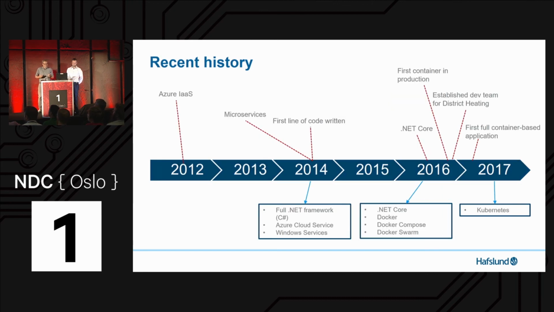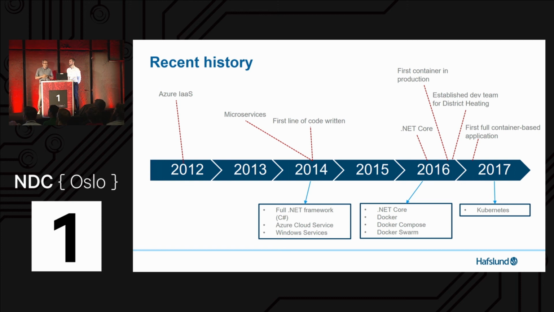And the recent history when it comes to what we're programming is like this. Before 2012, we just bought software. Not a single line of code was ever written in Hafslund. That continued after 2012, but then we became Azure customers, only having virtual machines in the cloud.